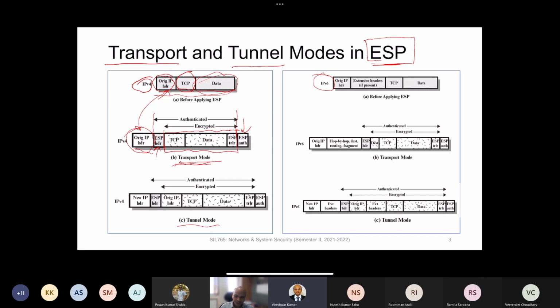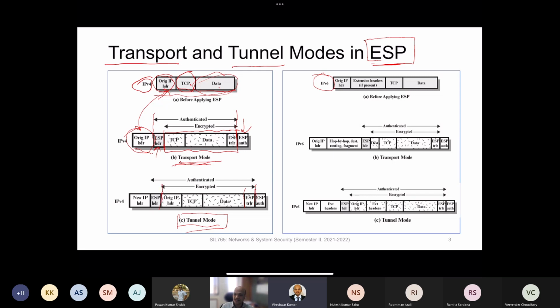We now have the tunnel mode. Remember in the last class also I said that tunnel mode will now capture the IP header as well. You can see this very clearly here. You start with the original IP header, TCP header and data, and then you take the whole thing along with some trailing bits, and you encrypt this whole thing.